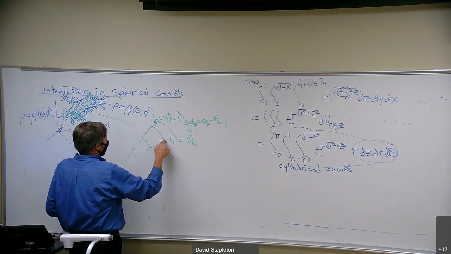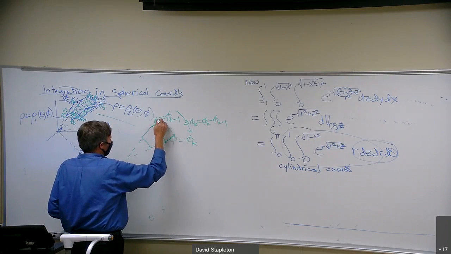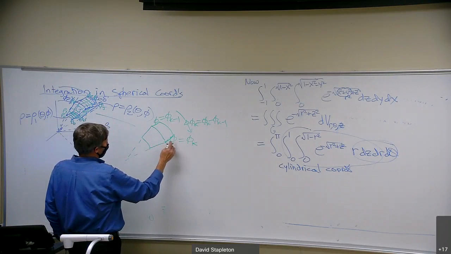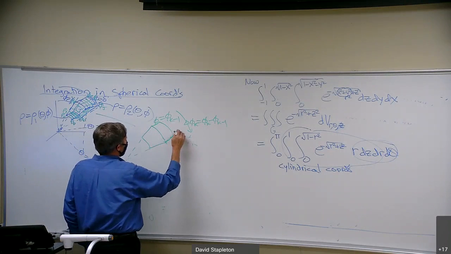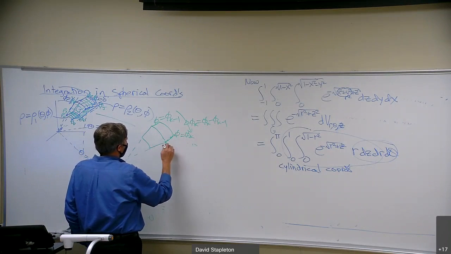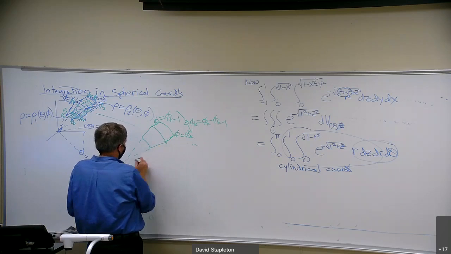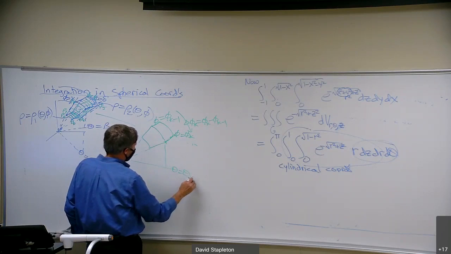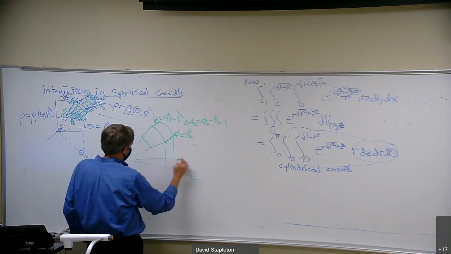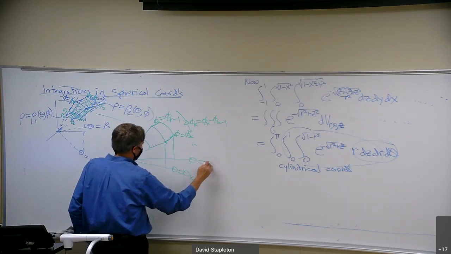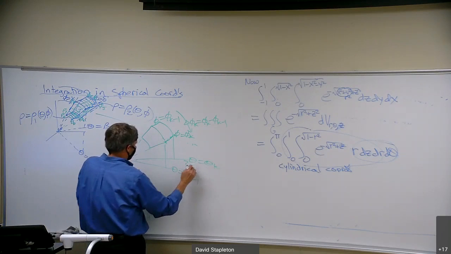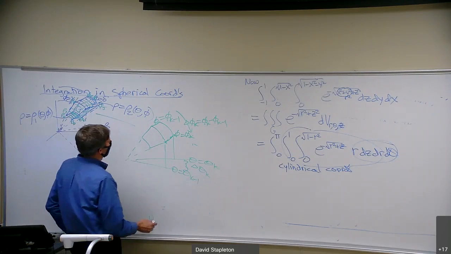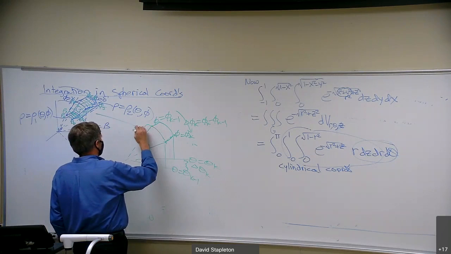Then theta is kind of curved on this side, has an increment from angle theta equals theta k minus 1 down to angle theta equals theta k. And the increment in the angle here is delta theta k. And then the increment in rho is delta rho k.